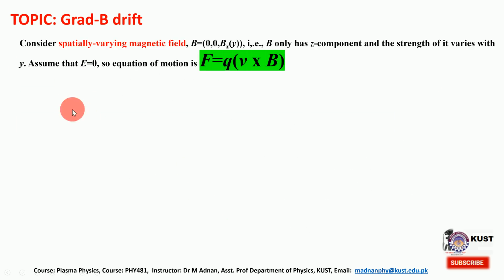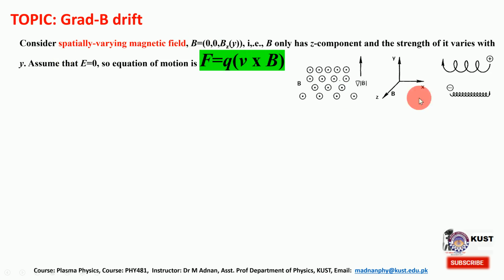So now consider that the magnetic field is applied along the z coordinate, but it depends upon y, as we have discussed on the previous slide, that it has a gradient along the y coordinate. So the same q v cross B force is there. For simplicity, E is equal to 0.